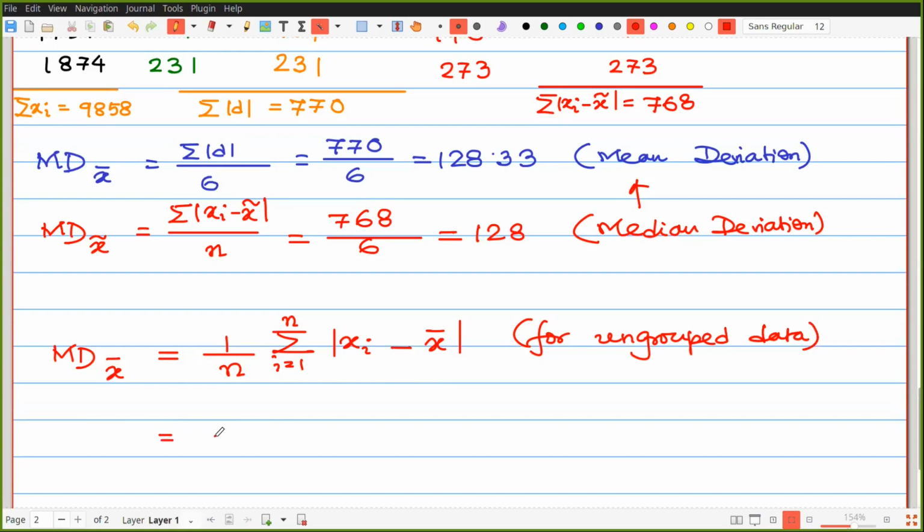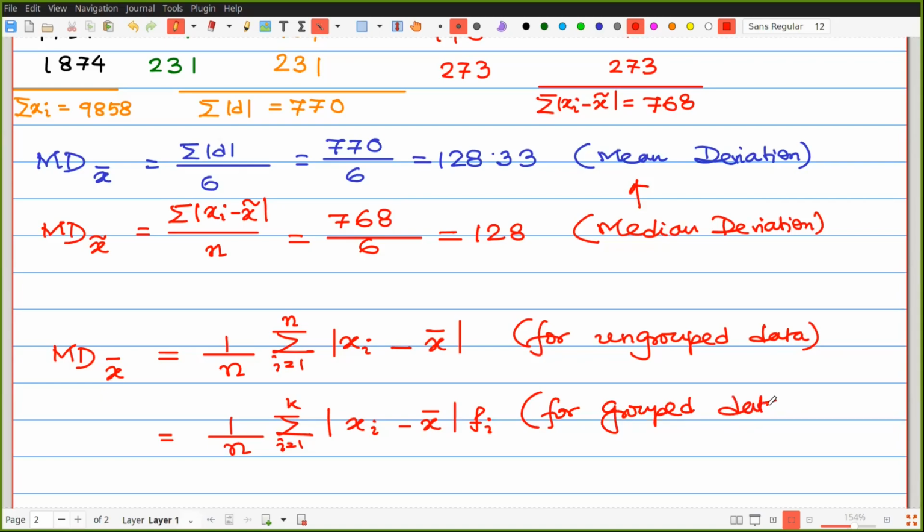And if it is grouped data, then it is 1 by n, summation i equal to 1 to k, or n, modulus of xi minus x bar, multiplied by fi. That is for grouped data.